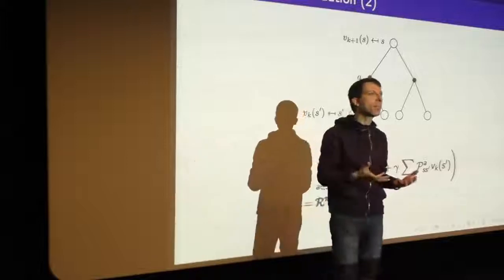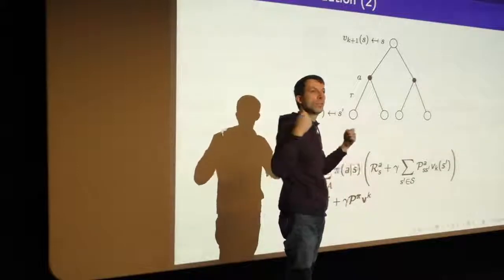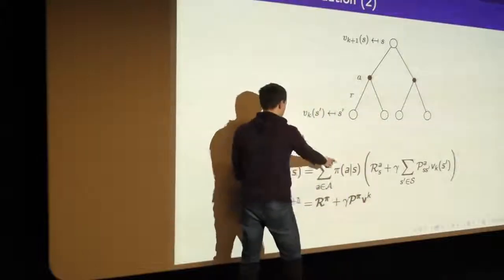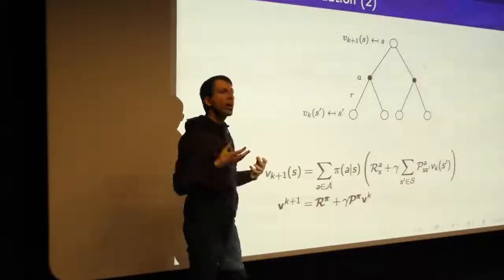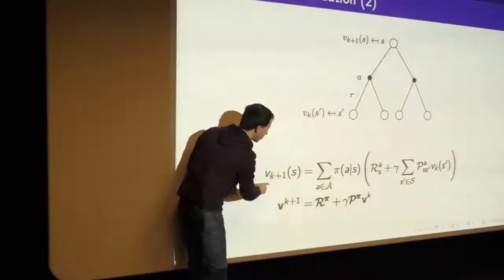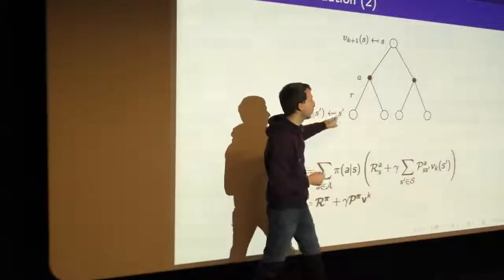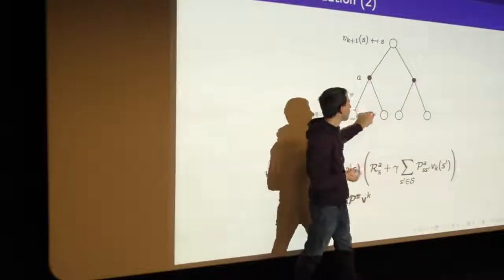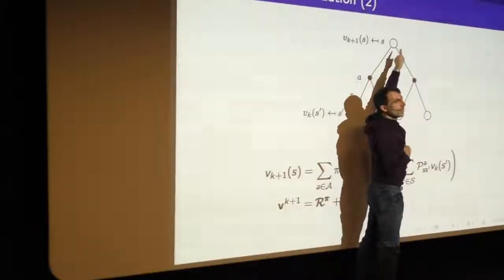So all we're going to do with dynamic programming is take this equality. The Bellman equation told us this thing must be true for the true value function v pi. That tells us that this must be equal to this. Now all we're going to do is turn this equation into an iterative update. In other words, we define the value function at the next iteration by plugging in the previous iteration's values at the leaves. We take our value function from the last iteration, vk, plug in the values we had at the leaves, and back them up to compute one single new value at the root for the next iteration.